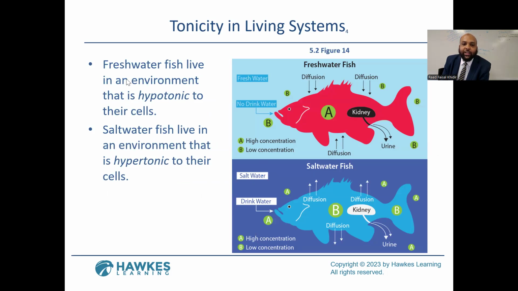Freshwater fish live in an environment that is hypotonic to their cells, and salt water fish live in an environment that is hypertonic to their cells. So in hypotonic, the water always goes inside, and in hypertonic, the water always goes outside.